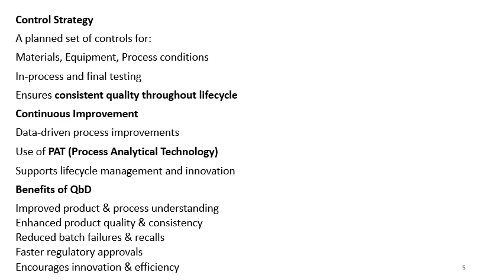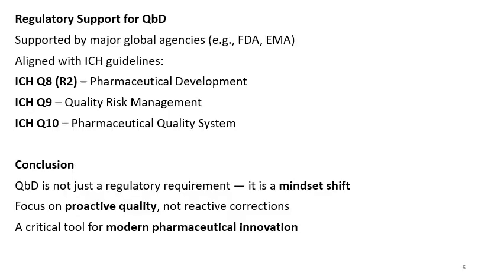Then why is QbD important, or what are the benefits or applications of QbD? QbD provides improved product and process understanding so that product failures can be reduced, enhances the product quality and consistency, reduces batch failures and batch or market recalls, gives faster regulatory approvals, and encourages innovation and efficiency.